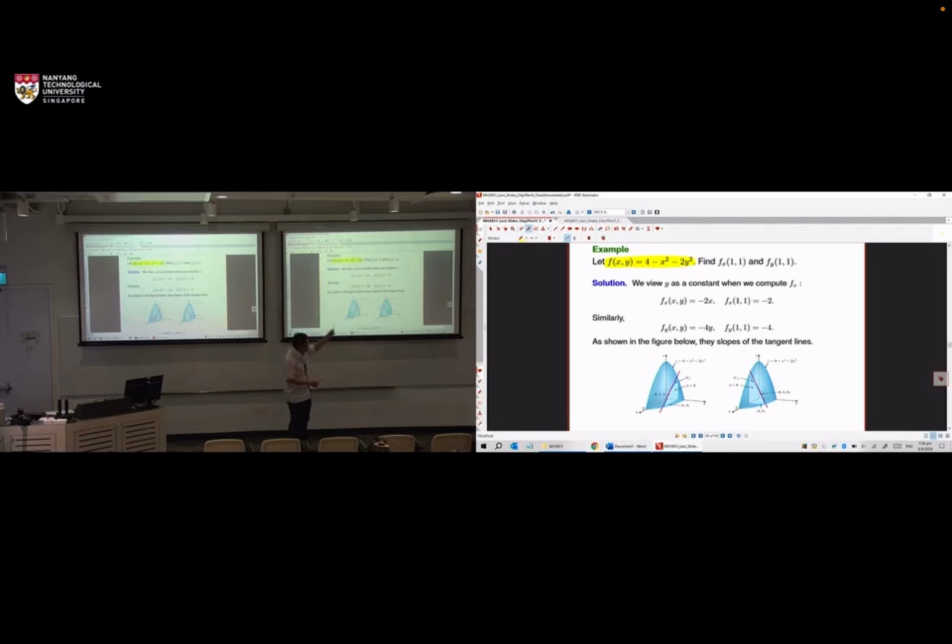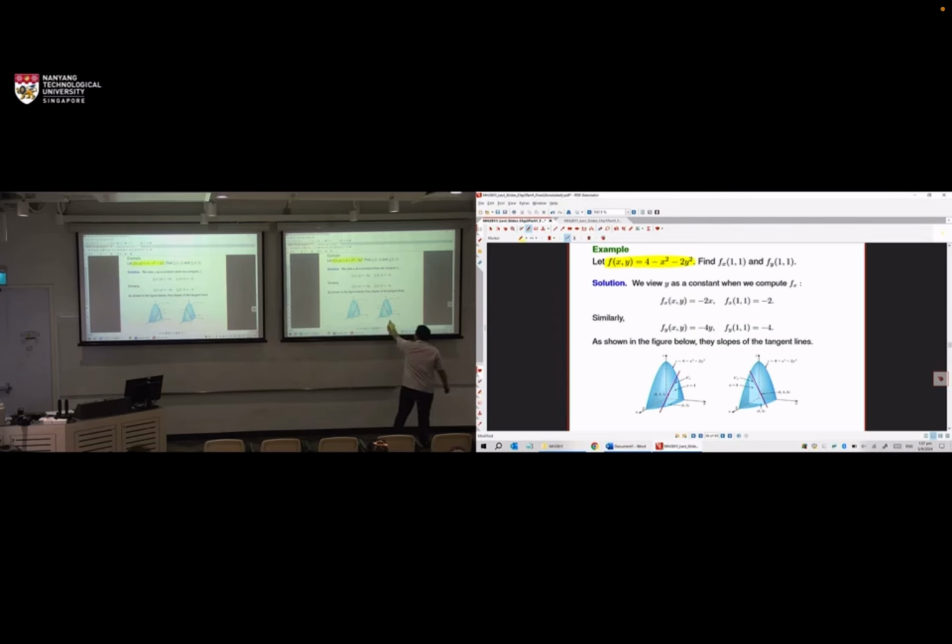And because you are asked to analyze 1, 1, where y is equal to 1, you create a plane at y equal to 1. This plane cuts the mountain, and you have this curve here. At 1, 1, which is here, you find the slope. The number that you got up there, negative 2, is the slope.